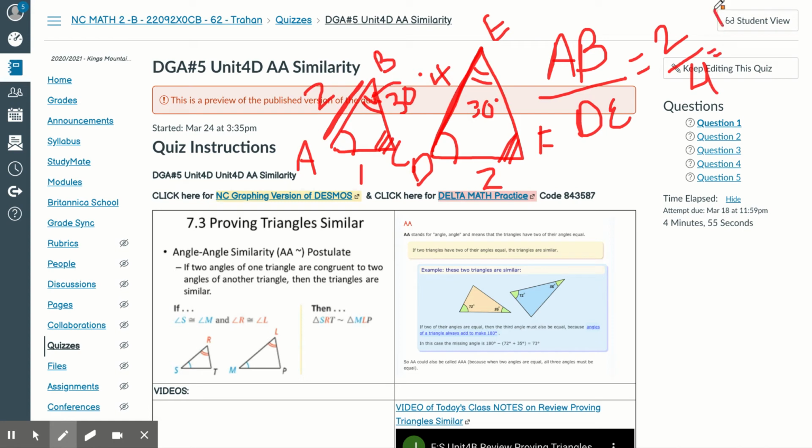And no matter which two corresponding sides I grab, all three will be 1/2. This will be 1/2, and that leaves me with this side that I don't have a number for, and this side right here, if I had a number for it, I could tell you it would end up reducing to be 1/2. So like if I put 3 right here, and 3 times 2 is 6, that'll give me this one.